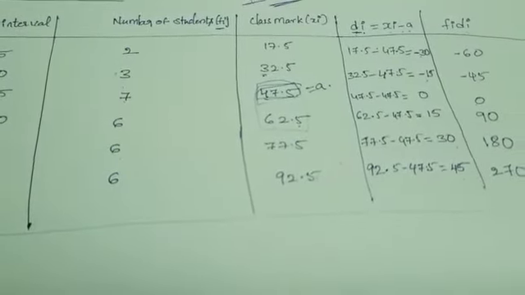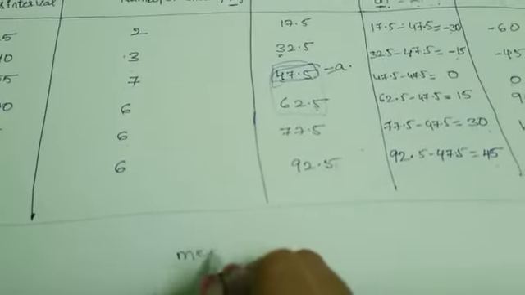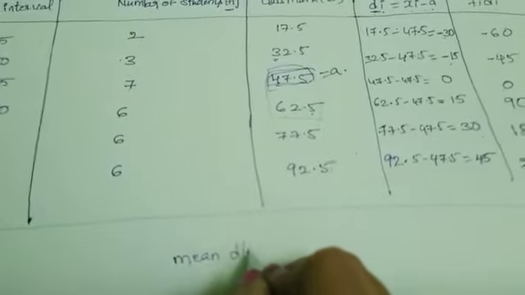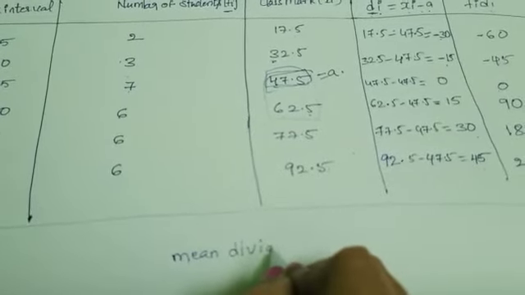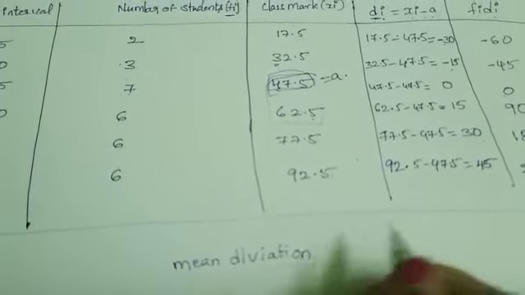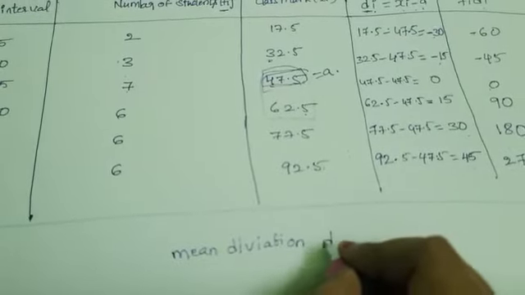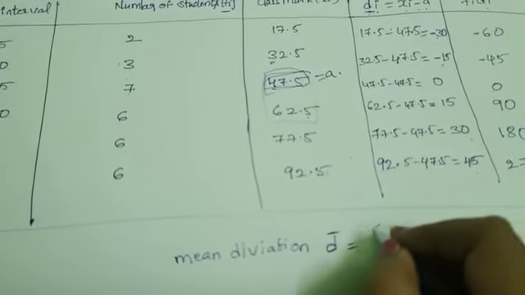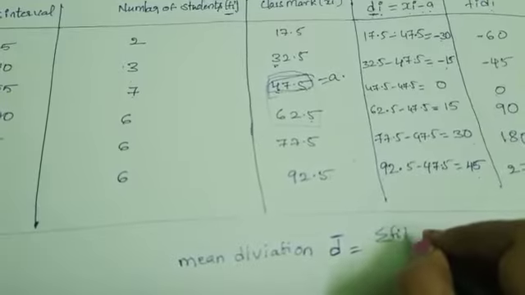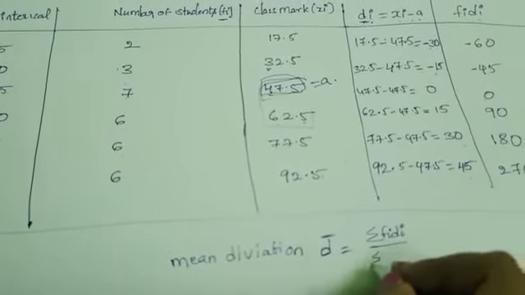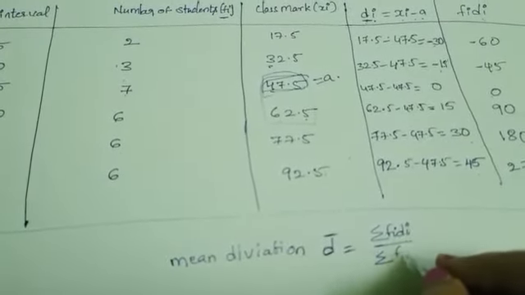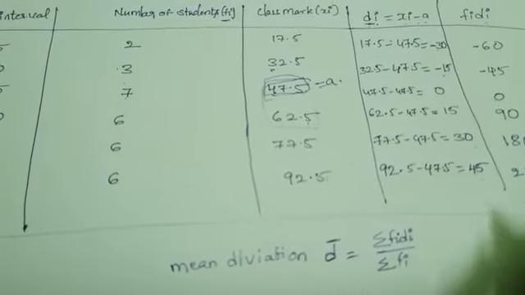Here the mean deviation d bar equal to summation of fi di by summation of fi.